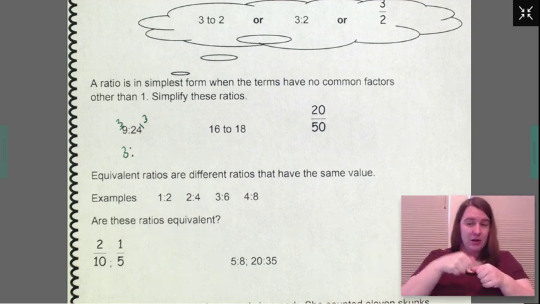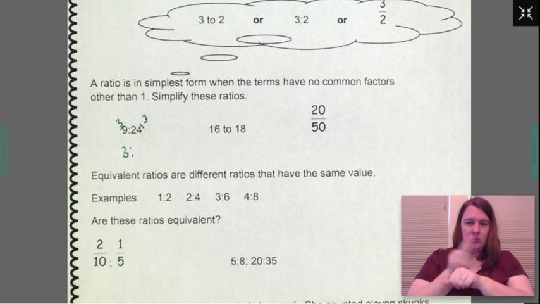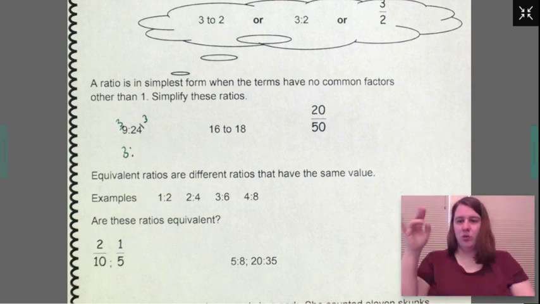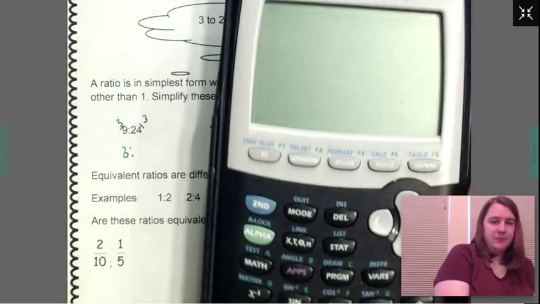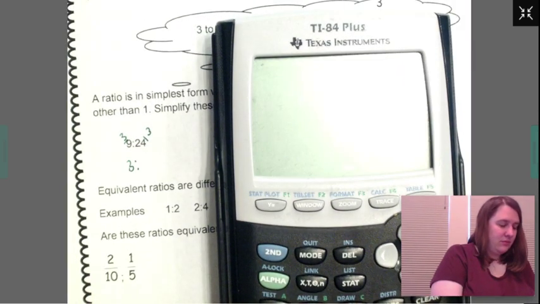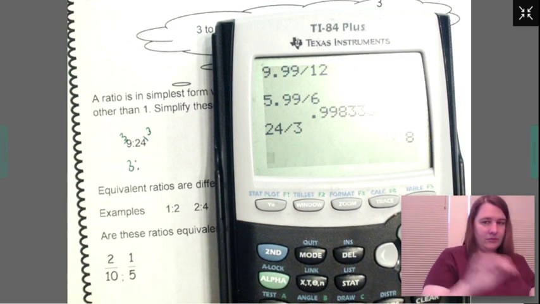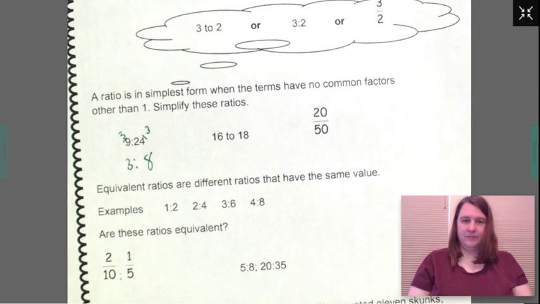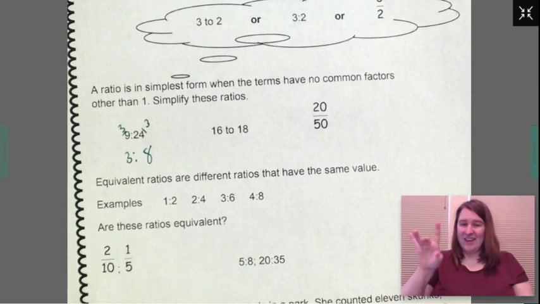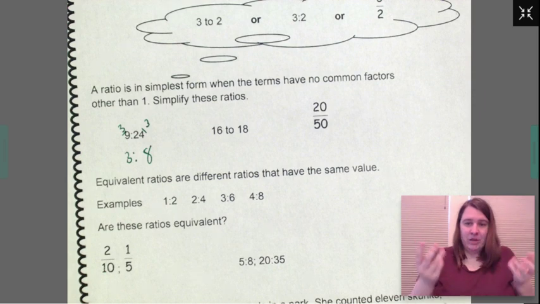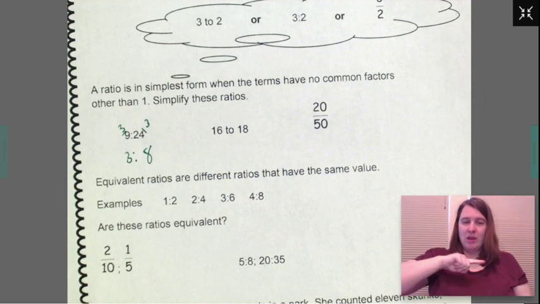If you can't remember, look at your multiplication chart or use your calculator or computer or your phone. Eight. Okay, 3 and 8, do they have anything in common? No. So we are finished.